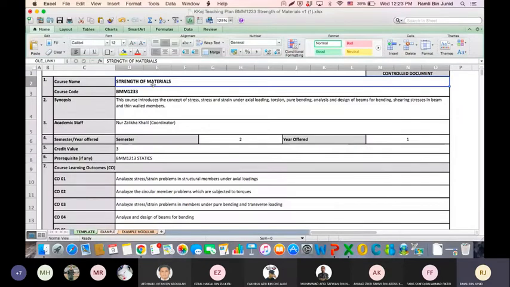In some institutions in the world, for example, in the United States of America, this subject is known as mechanics of material. So strength of material and mechanics of materials are the same thing. It's just a difference in terms of name.